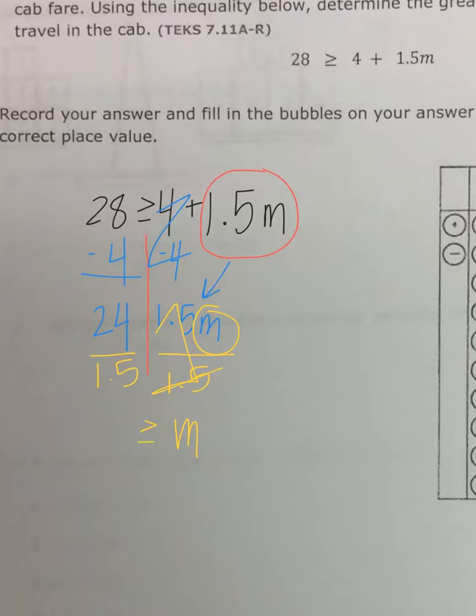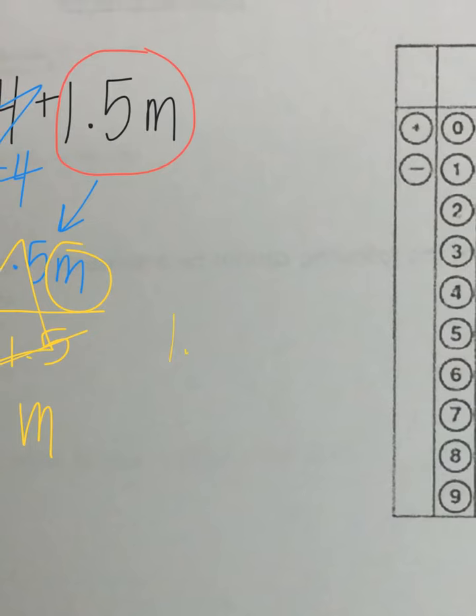And then to answer this, I just need to divide 1.5 into 24. I cannot divide with a decimal on the outside, so I'm going to have to move that, which means I'm going to have to move the 1 inside here. 15 goes into 24 one time. 15 times 1 is 15, and I will subtract.